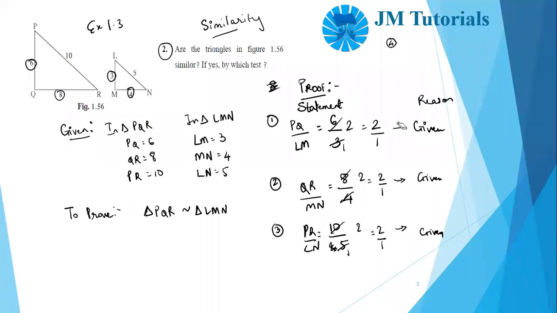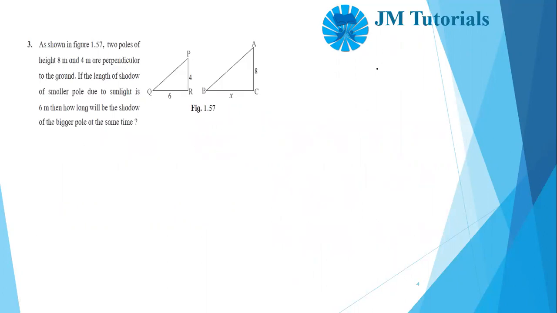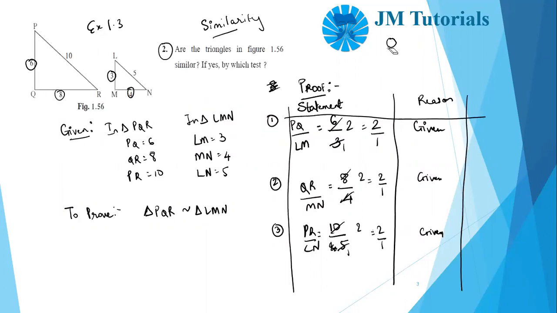And rather than making arrows like this, you should make 2 columns, statement and reason. This is the exact way of doing geometry. This is the precise way of doing geometry. Okay. Instead of writing the fourth one there, I'll write it over here.